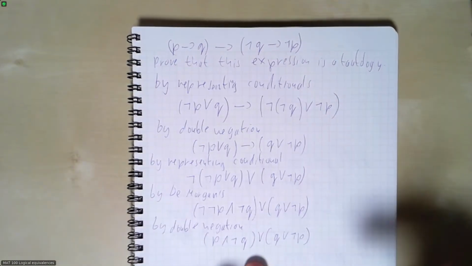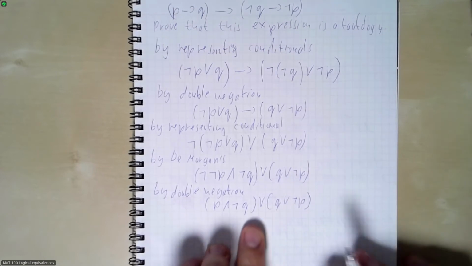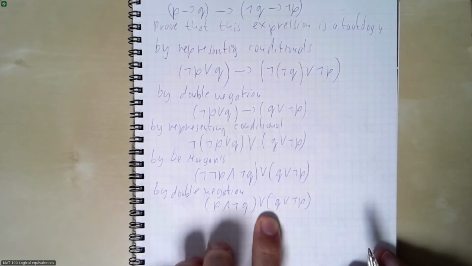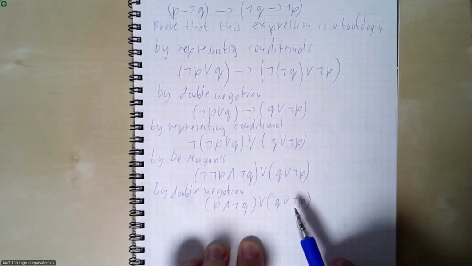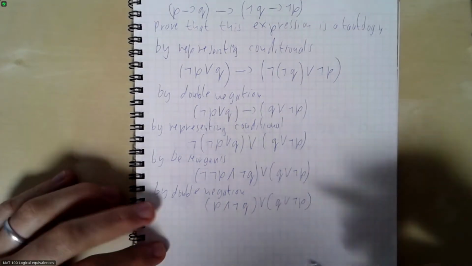So what we can realize here is that this is an OR and this is an OR as well. So actually these parentheses group these two together, but we don't have to.